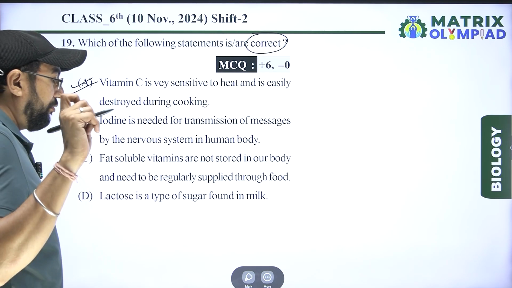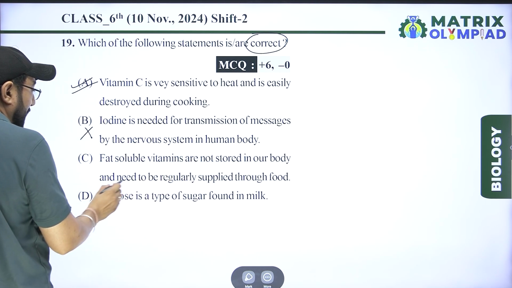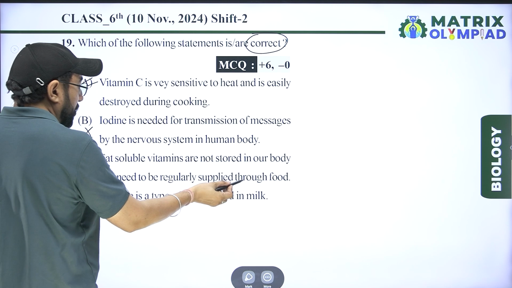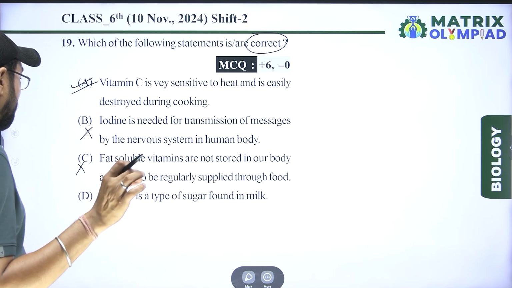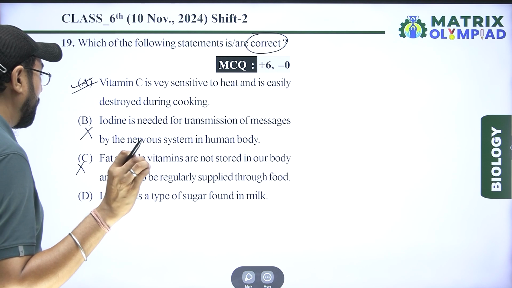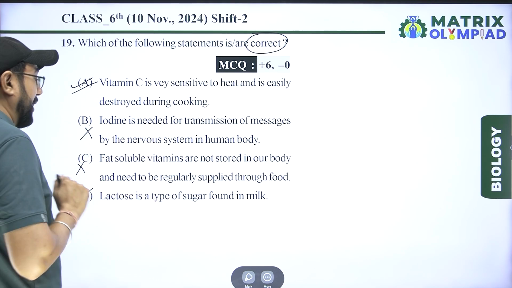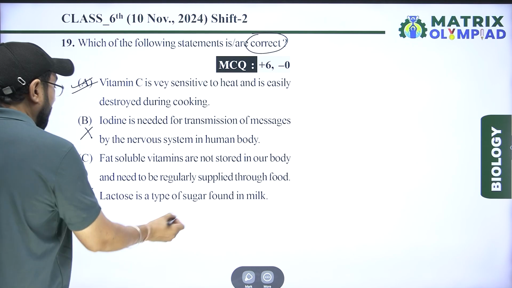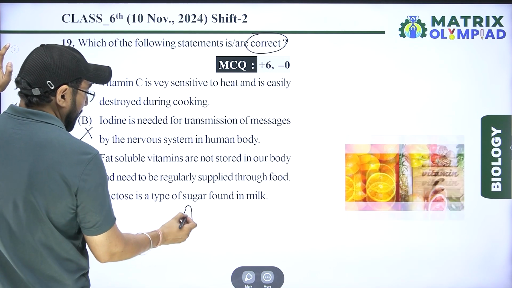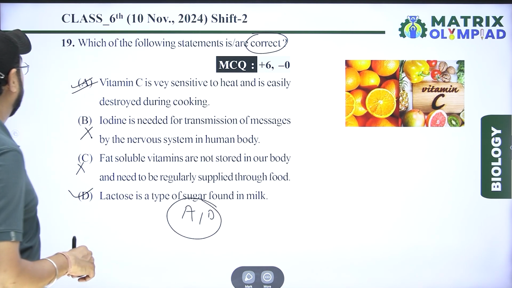Fat soluble vitamins are not stored in our body and need to be regularly supplied through food. No. Lactose is a type of sugar found in milk. That is right. Lactose is present in milk, milk sugar. So A and D is the correct answer for this question.